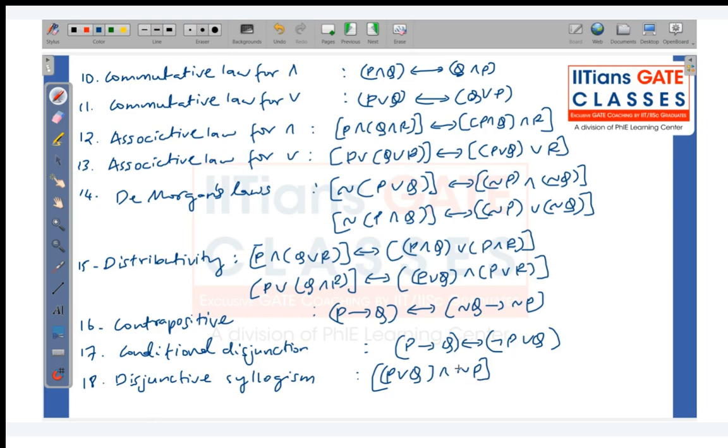So what conclusion can I draw? Don't look at the formula, listen to my words. I have two propositions. At least one of them is true, and I know that the first one is false. So what can I say about the second proposition? Yeah, the second proposition is true. So this implies Q.